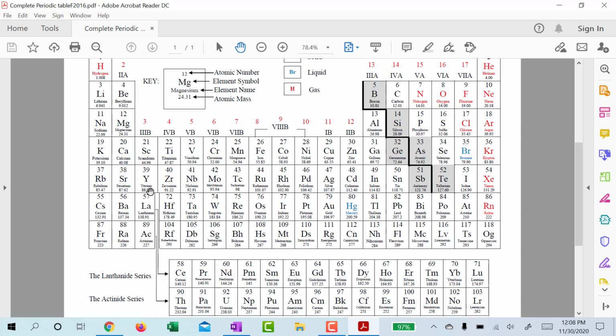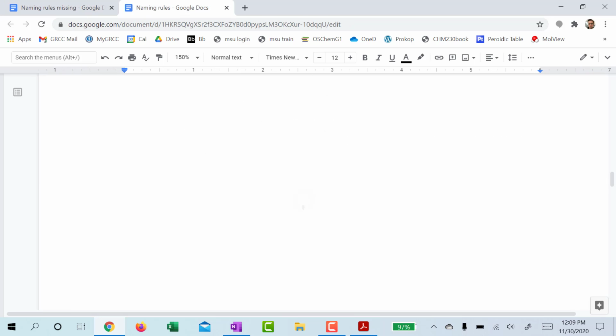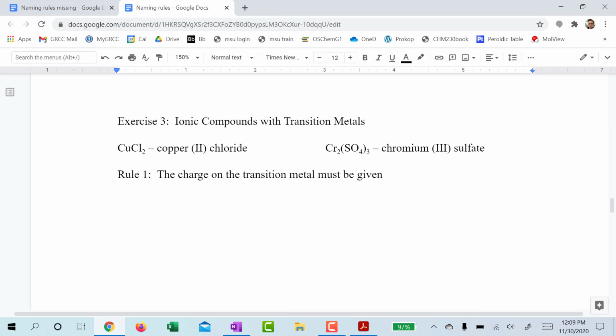So I'm talking transition metals, even these lanthanides and actinides, these inner transition metals, and then even these over here, these metals that are in the main group, these are all sort of an unknown. We just don't know what their charge can be, because they can have a different charge. They don't have to just be one set. So if you look at this, the Roman numeral is given in the problem, in the name, so that you know which charge they are. So my last rule for transition metals is the charge on the transition metal must be given.